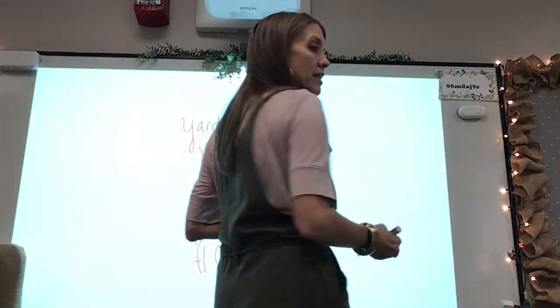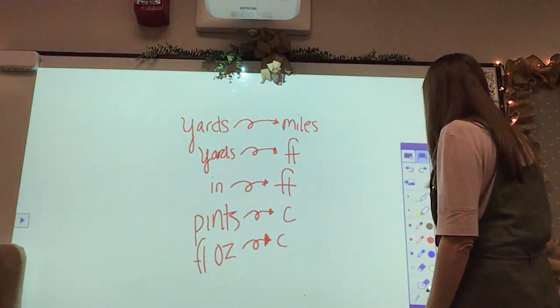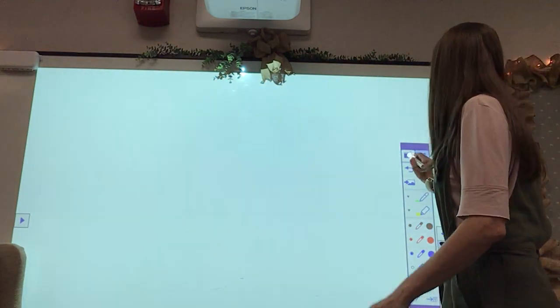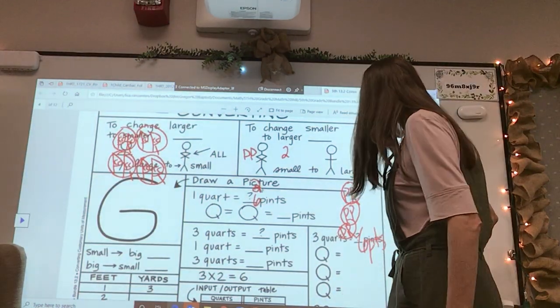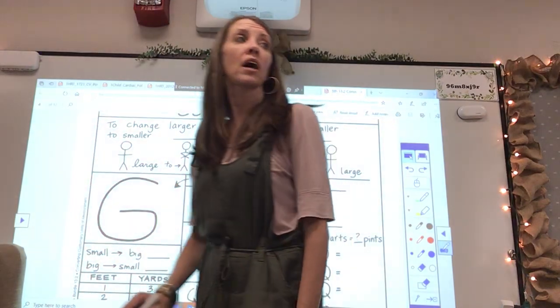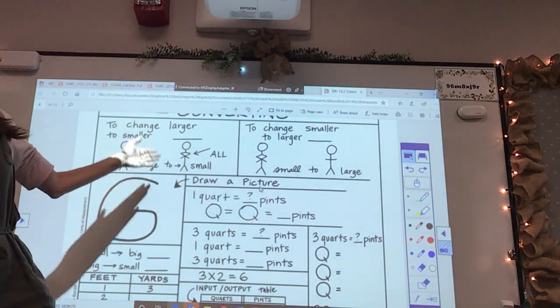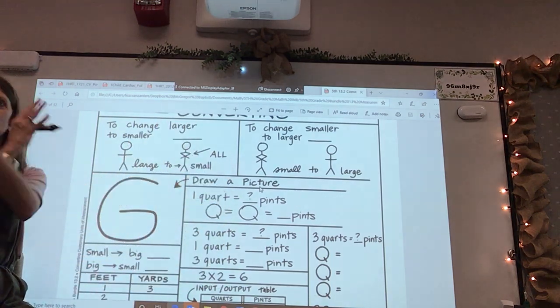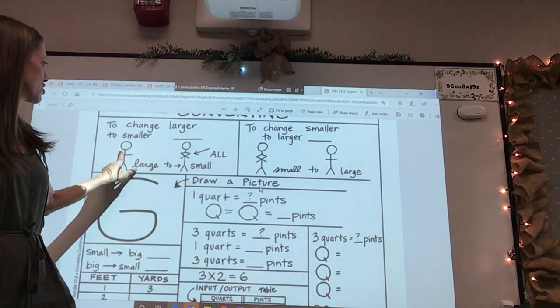All right, let's look really quick back at your foldable and fill in this section right up here. You see these little stick people? To change larger to smaller, big to small, look at this guy. Large to small, he's going large to small.